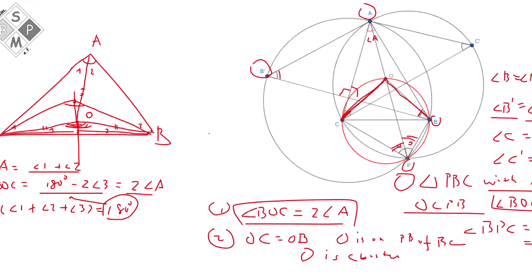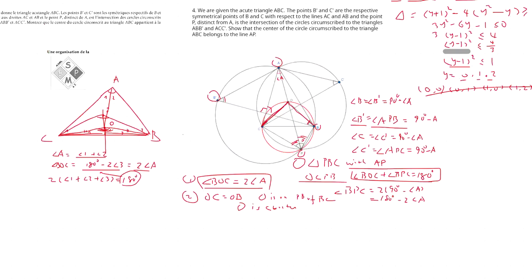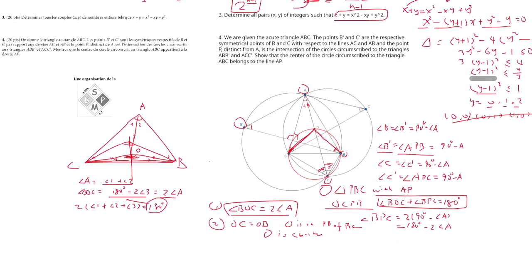Okay, so that's the end of the Belgian Mathematical Olympiad finals this year. Actually, it's called the Belgian Mathematical Olympiad, but it's only applied in the French-speaking regions of Belgium.